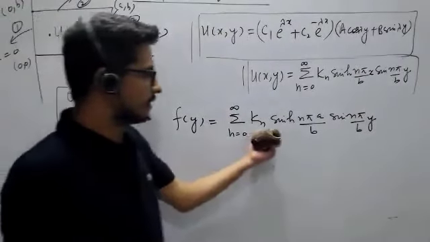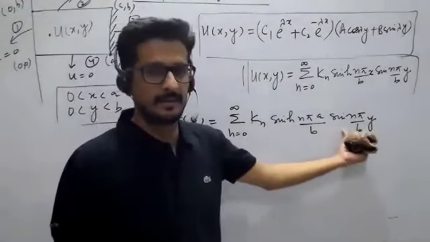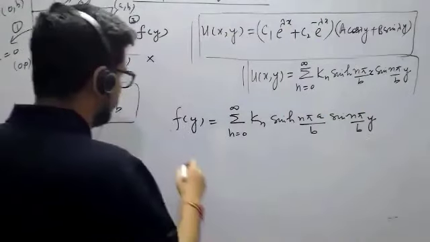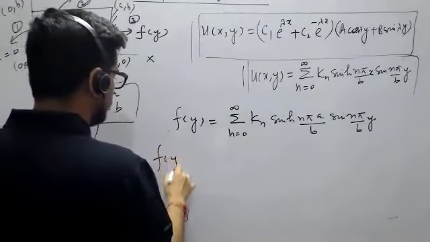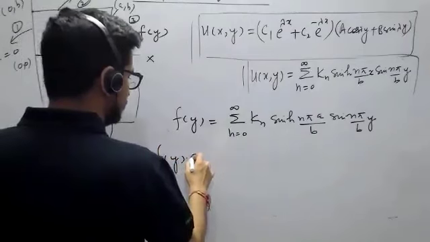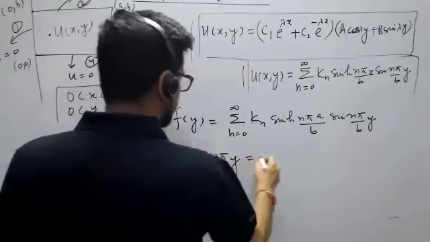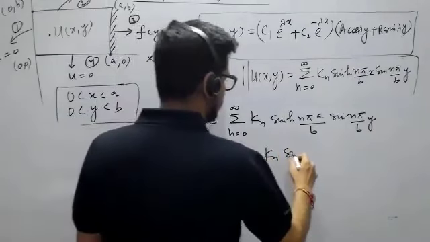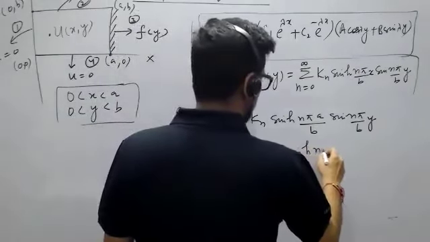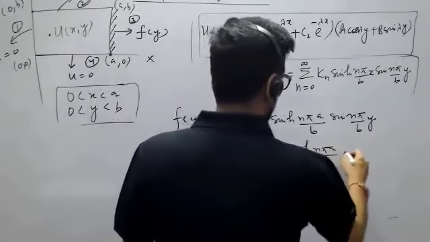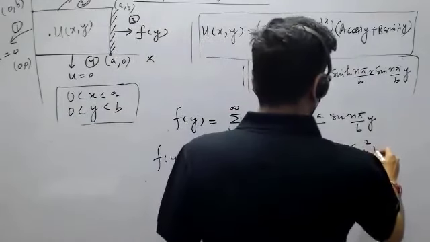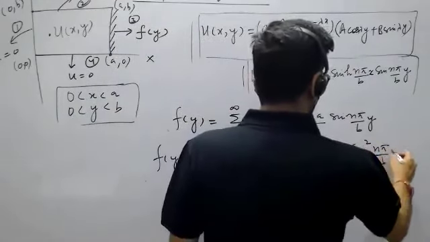So this is a constant, this is a constant, this is a variable. To calculate the value of Kn, I will again use the Fourier half series. So this will become sine n pi y by b, and this will become Kn sine hyperbolic n pi a by b into sine square n pi y by b.